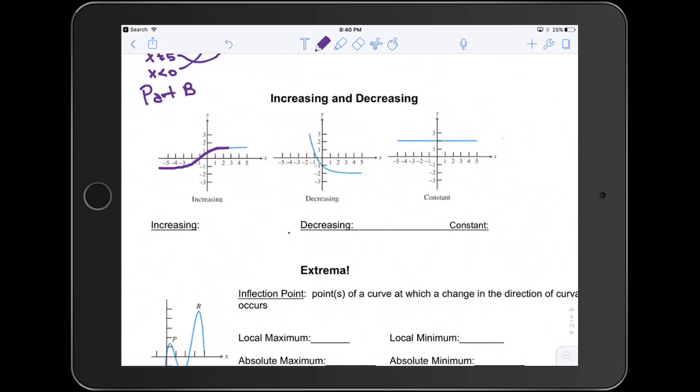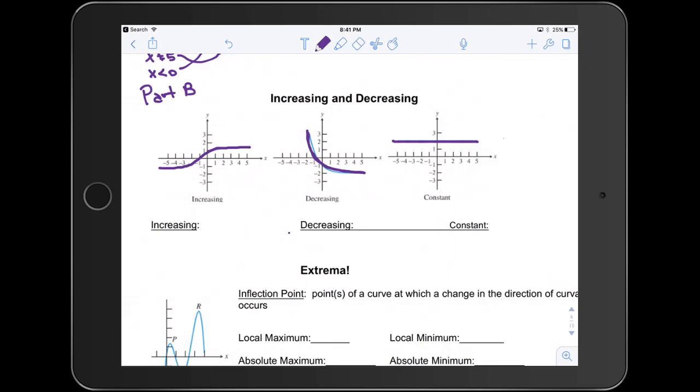Here, as x is increasing, notice the y is decreasing, almost like a negative slope if you want to think of it that way, versus a positive slope, even though obviously we're not dealing with slope here. So decreasing: as x increases, y decreases. And then lastly, as x increases, if y does nothing, then we have a constant. It's not increasing or decreasing.